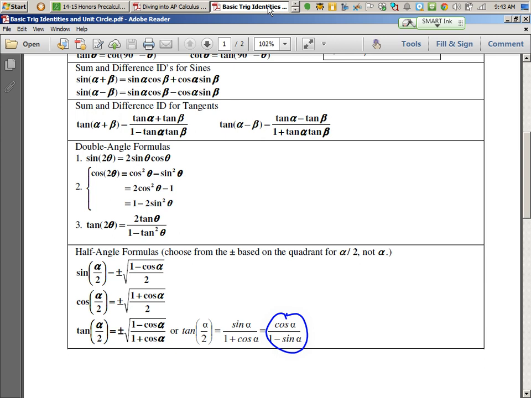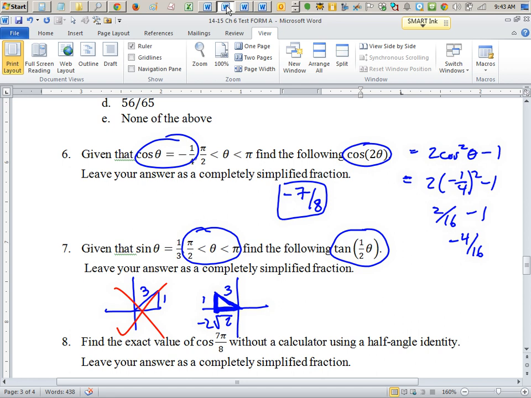So I'm going to vote on this one because sine is a nice clean number with no radicals, and it's going to end up on the denominator. So I'm going to do cosine over 1 minus sine. That's my final decision. Cosine over 1 minus sine, which is negative 2 root 2 over 3 over 1 minus 1/3, which is negative 2 root 2 over 3 over 2/3.